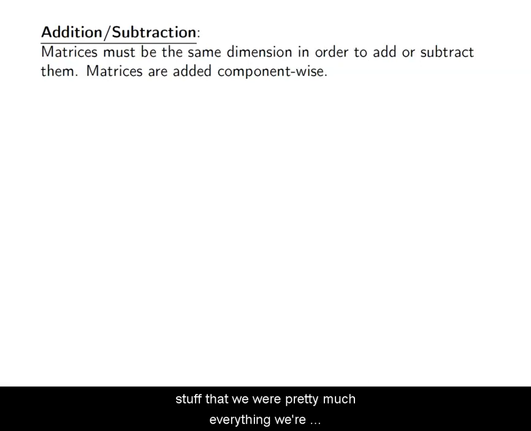So pretty much everything we're allowed to do with matrices, we actually get to do with vectors as well, because we just think about a vector as a one-dimensional matrix, right? One row with n elements, 3 elements or 2 elements. So it'd be a 1 by 2 matrix or 1 by 3 matrix, okay?